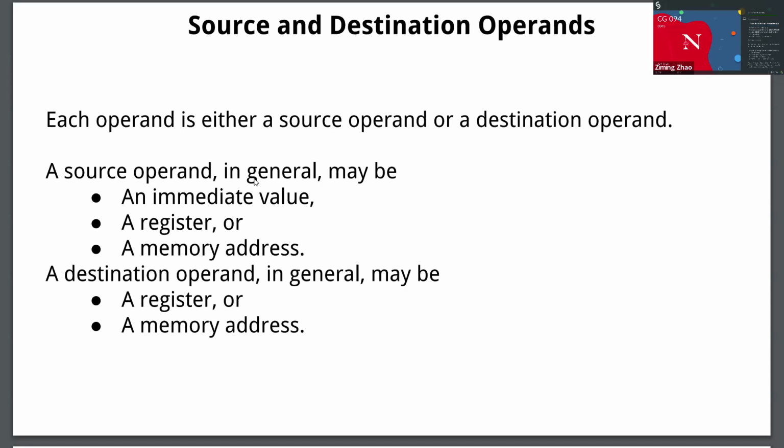But in this class, we use Intel syntax because it's much more consistent with the syntax of other architectures. For example, if you do ARM, there are no 2 syntaxes, just ARM syntax. In the Intel syntax or ARM syntax, the first operand is the destination. In the AT&T syntax, the last operand is the destination.